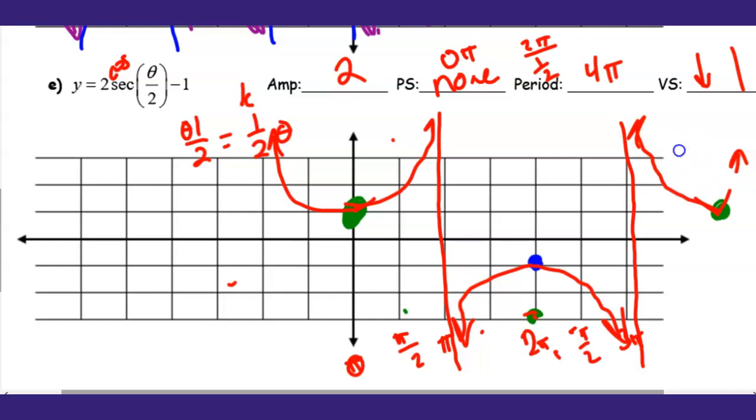Because this thing has to be 4 pi wide. So from here, negative pi to 3 pi, that's 4 pi. Oops, I meant to put the asymptote there.